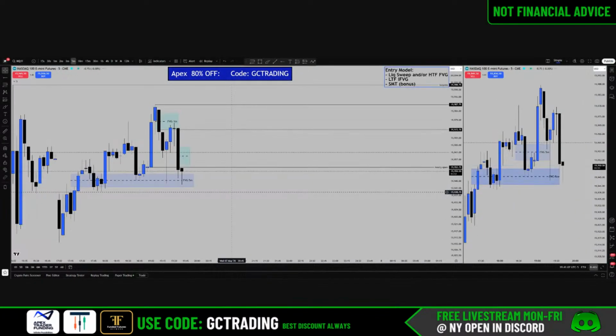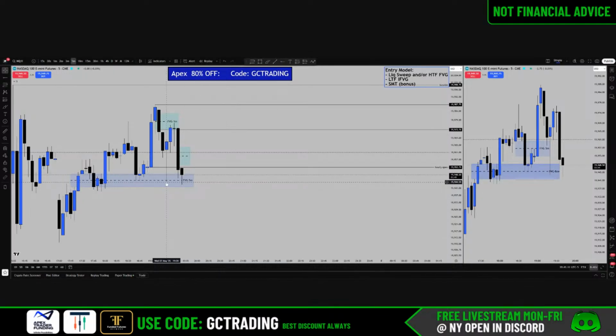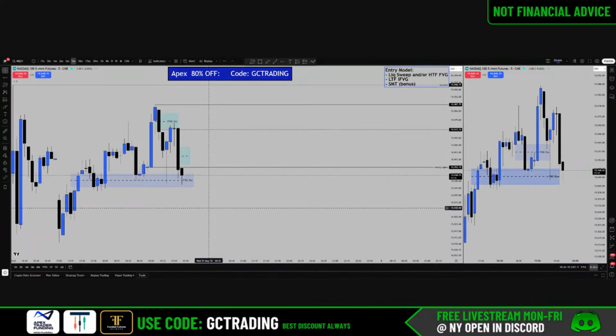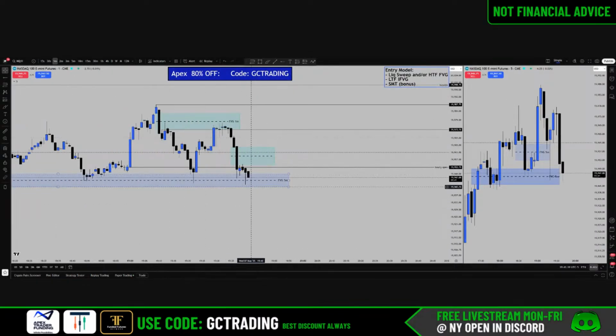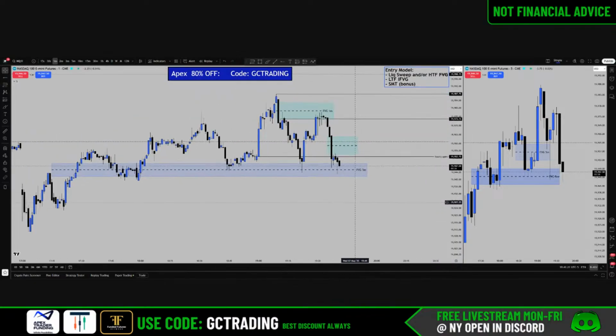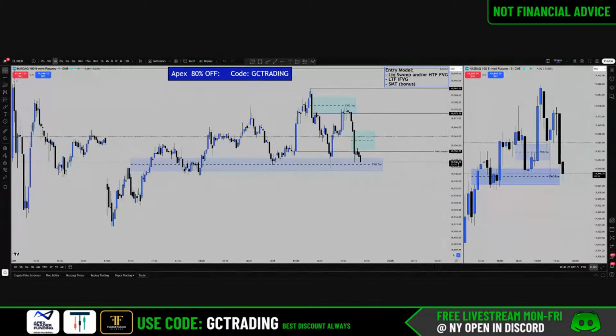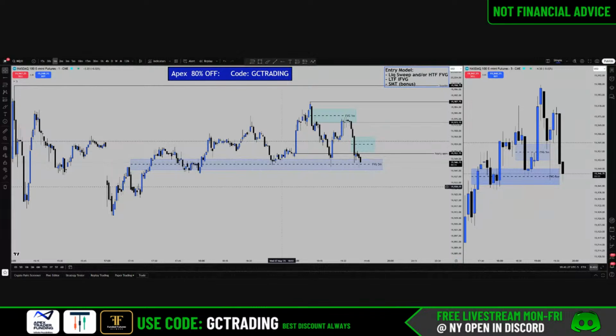All right. So NQ took out this low. ES did not take out that low, so I guess that is some bullish SMT. If we do start inversing here, I'm not going to look to get long. I don't like it that much. I already have 2 wins under my belt for the night.